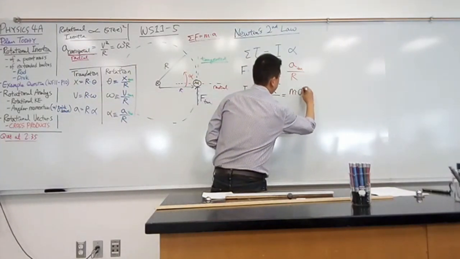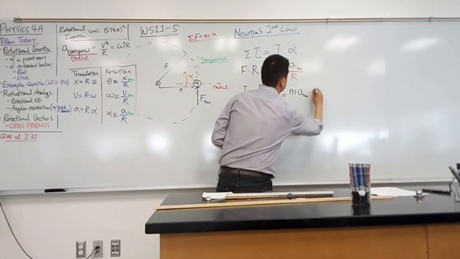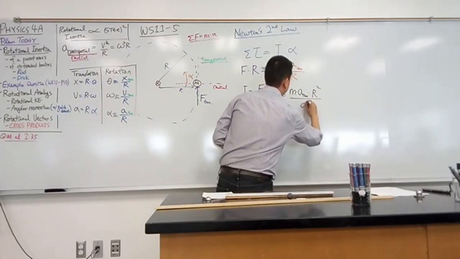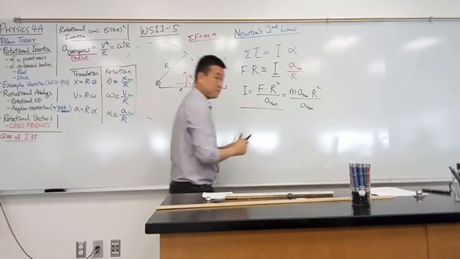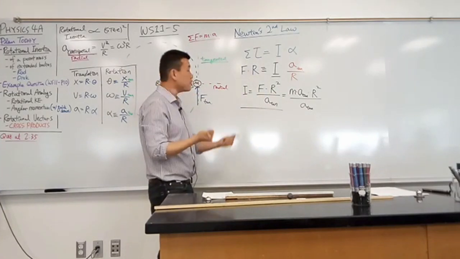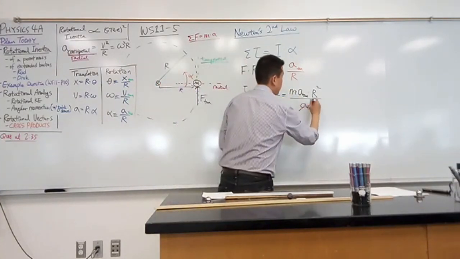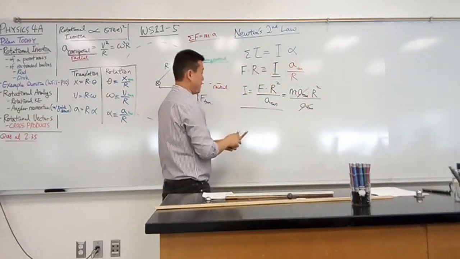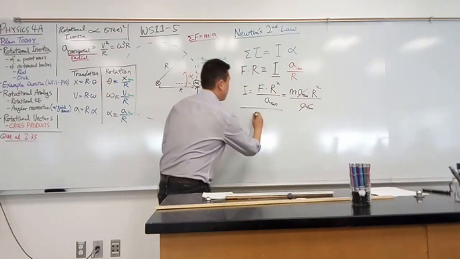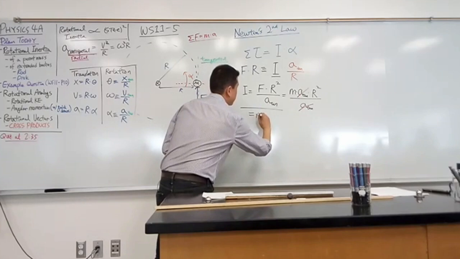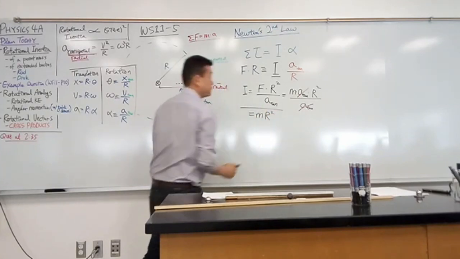Mass times tangential acceleration times r squared over tangential acceleration. Tangential acceleration cancels out. The whole reason you would do this substitution is with the hope that this would cancel out, so that you end up with rotational inertia equal to mass times r squared.